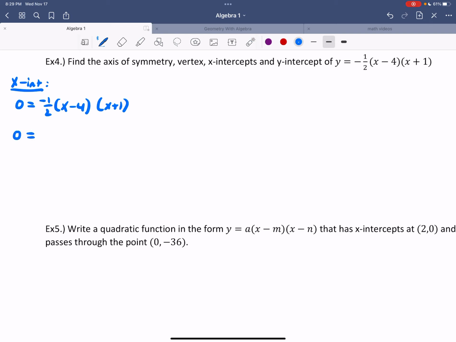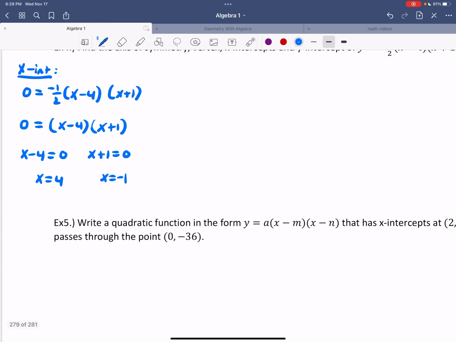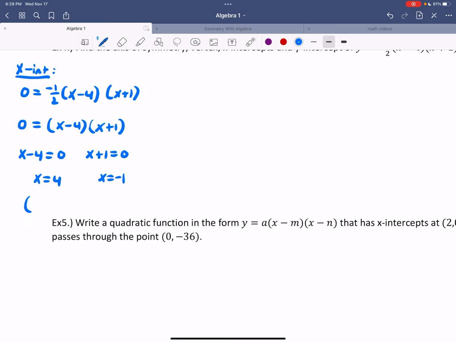So that gives me 0 equals x minus 4 times x plus 1. Then I set each one of those binomials equal to 0. And I solve. X equals 4, x equals negative 1. So those translate to a few points. That's going to be at 4, 0 and negative 1, 0.